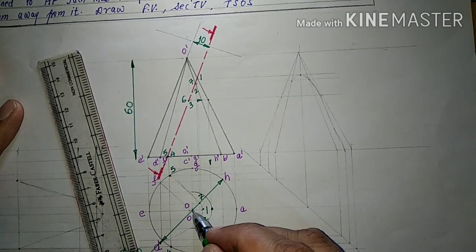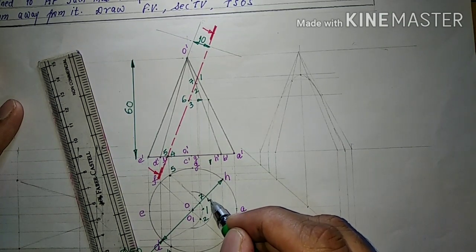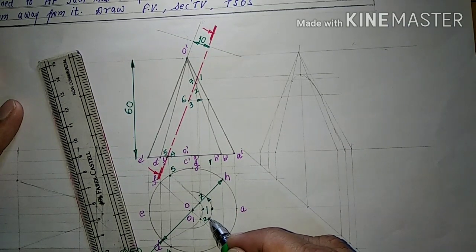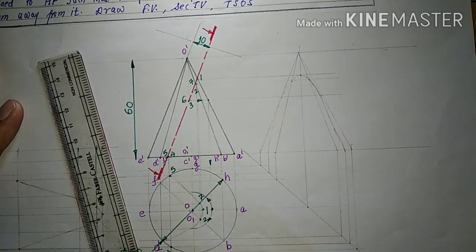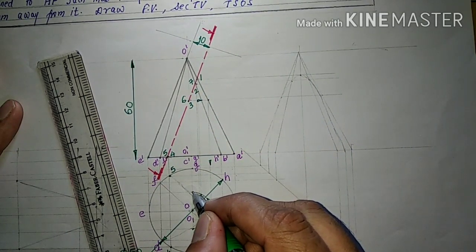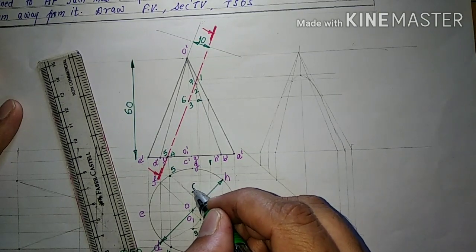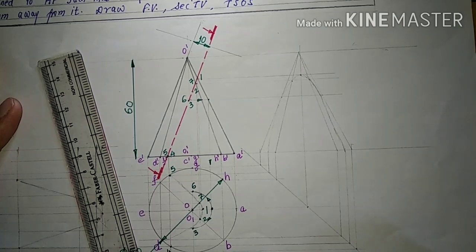From there, with O as the center and this much as the radius, we will rotate the points to the respective projections. OC is 3 and OG is 6. So we got all these points on the top view.